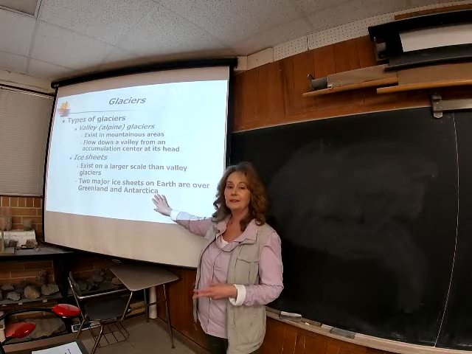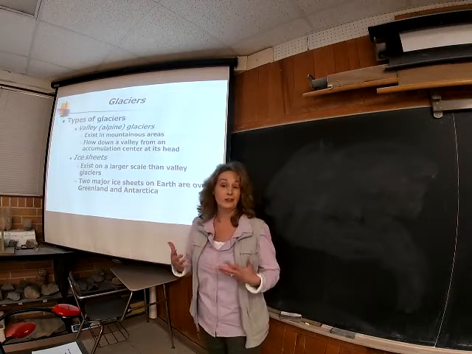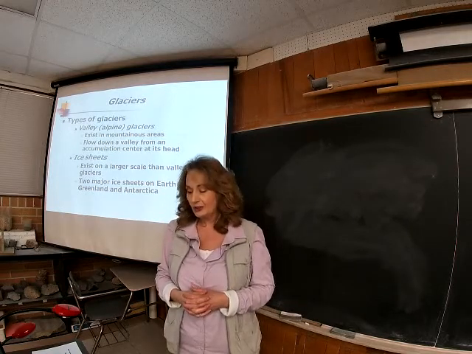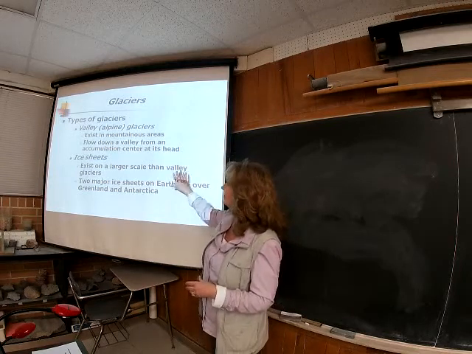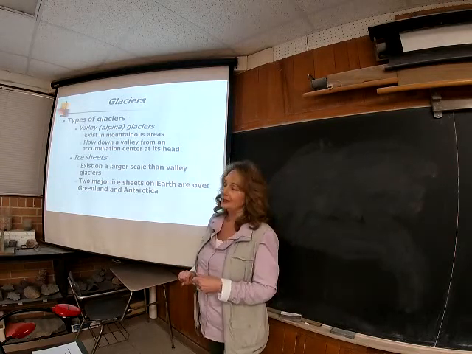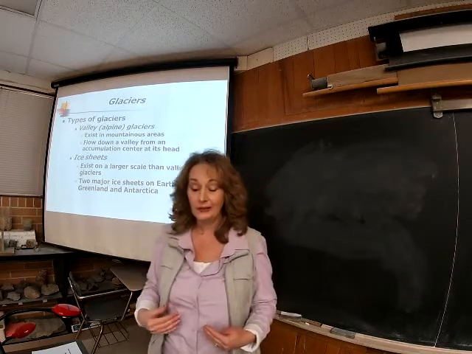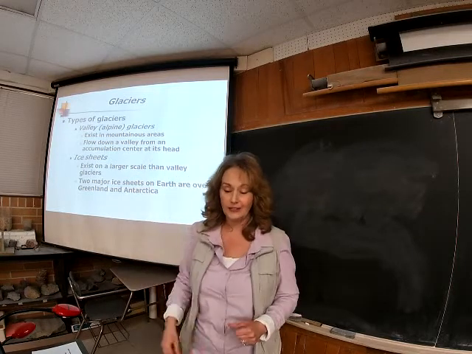On the landmass of Antarctica in the southern hemisphere, at the South Pole, is the largest ice sheet. These exist on a much larger scale than our valley glaciers. Two major ice sheets, of course, Greenland is one of them, and the largest one is located in Antarctica.